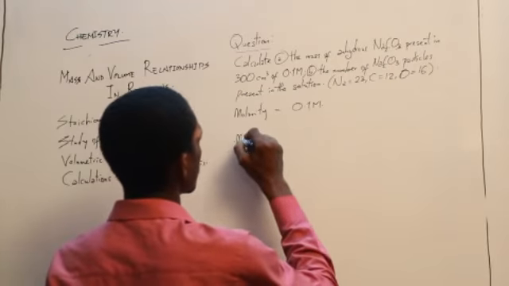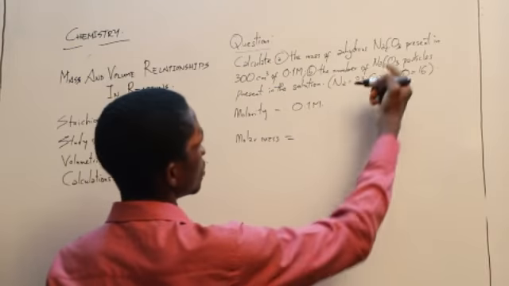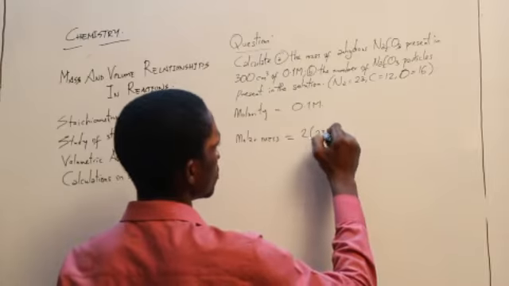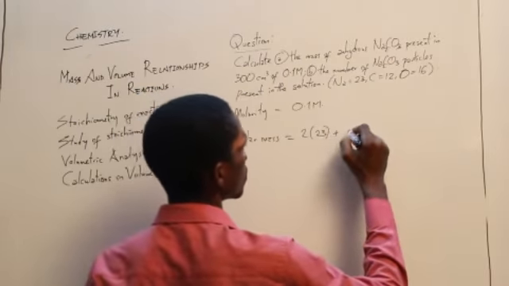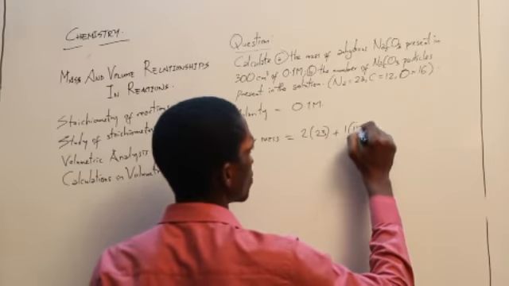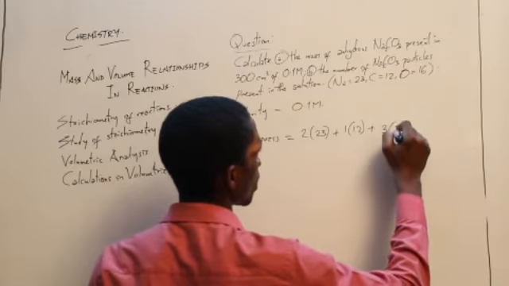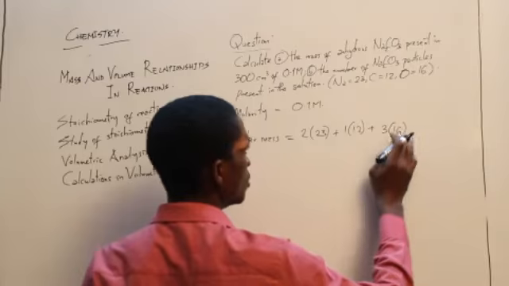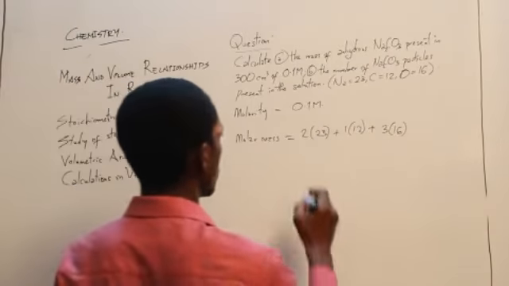So the molar mass would be 2 multiplied by 23, because we're having 2 sodiums, plus 1 multiplied by 12 because we're having 1 carbon, plus 3 multiplied by 16 because we're having 3 oxygens.